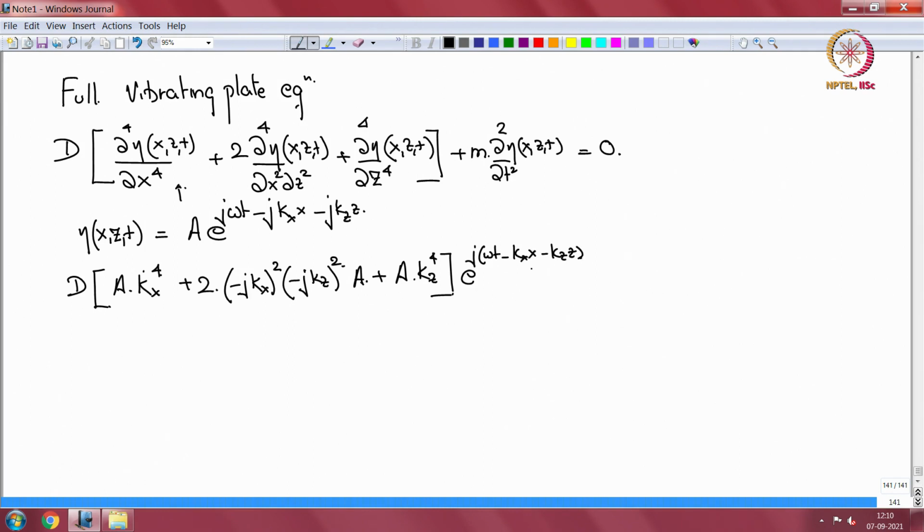And then the time term gives me minus m ω² A e to the power of whole stuff, equal to 0.